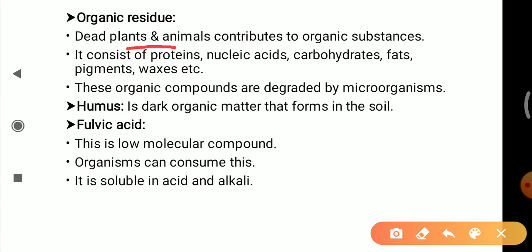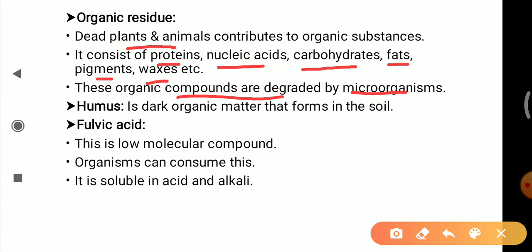The dead parts of plants and animals consist of protein, nucleic acids, carbohydrates, fats, pigments, waxes, etc. These organic compounds are degraded by microorganisms. This organic matter is first degraded by the microorganisms, and then it is utilized by the plant.